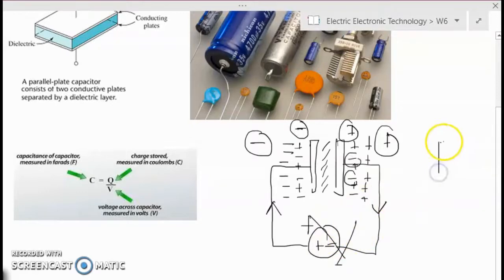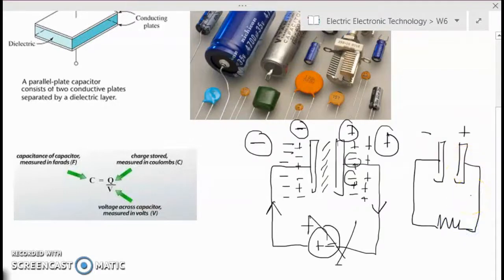So imagine we have these plates, with a negative charge and a positive charge, now connected to a load. Imagine we have a resistor as a load. It will react like a new power supply, just like a battery, and the charges will now flow back into the load and be consumed by the load.